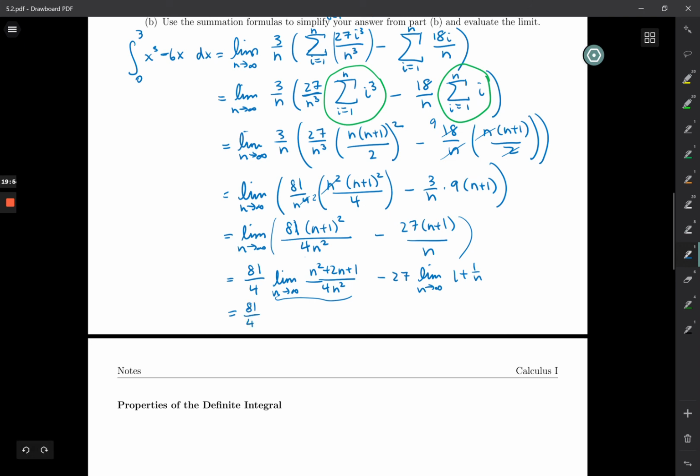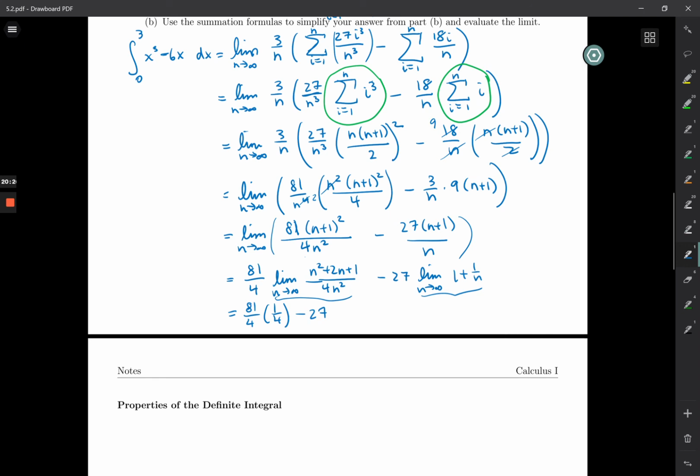If you don't remember that, you can just work it out by dividing the top and bottom by n squared like we normally do, but you will get an answer of 1/4 in that case. And then here it should be not too hard to see that this will go to 1. So this limit as n goes to infinity will be 1 plus 0 because 1 over n goes to 0. So we get 81 over 4 squared minus 27.